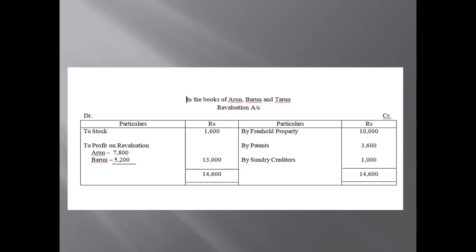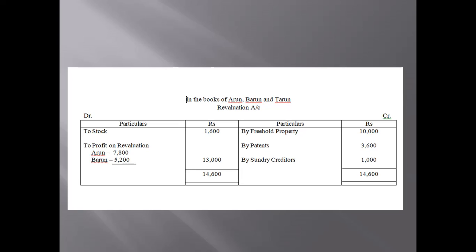Okay, they never appeared in the books. Oh, sorry. This question is in the mobile phone. That is why. Okay, patents and goodwill were never there. It was never there in the books. So you have to write the amount of patents.